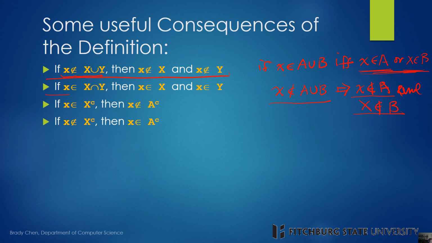The other one: if X belongs to the intersection of X and Y, then X must be in X and X must be in Y. That's pretty straightforward, right? Because that's the definition.